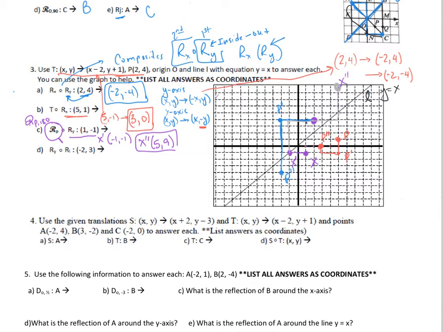Okay, moving on to part D, we have a reflection about line L and then a reflection about the y. So here's line L, and we said if we have a reflection about the line y equals x, for x comma y, we switch these.